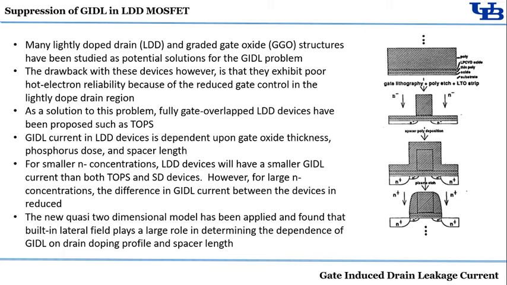A new quasi-two-dimensional model has been applied and found that the built-in lateral field plays a large role in determining the dependence of GIDL on drain doping profile and spacer length. You can see the TOPS device and its manufacturing process in the figure on the right.